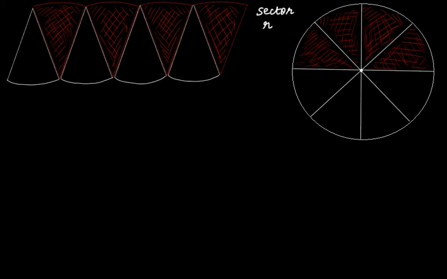So there is one limitation with this, that this is actually a rough diagram. So it's not very properly aligned in one line, but you have to assume that all these sectors, the shaded sectors and the non-shaded sectors, are aligned properly in a straight line.